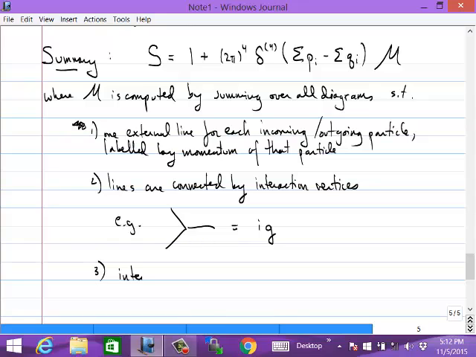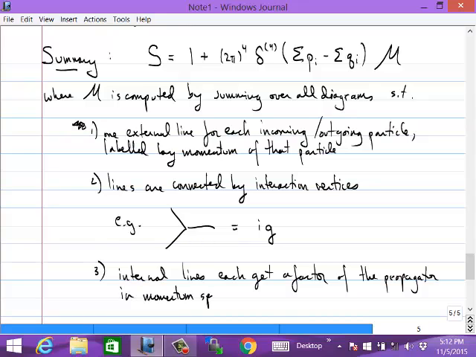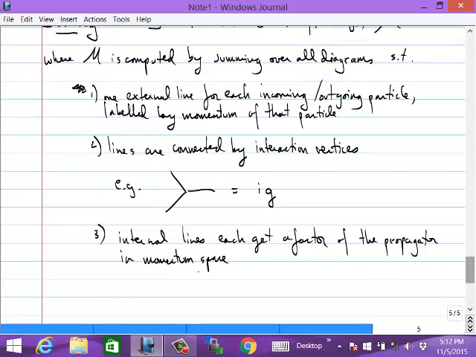Each internal line gets a factor of the propagator in momentum space, which is i over k squared minus m squared.